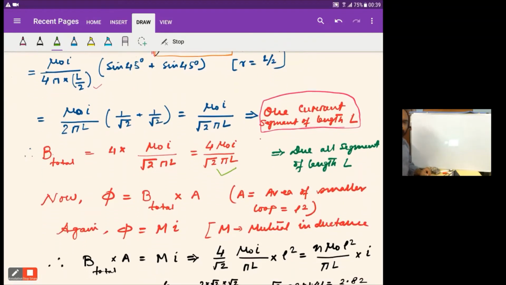Now the magnetic flux is given by the magnetic field times the area. This area is the area of the smaller loop, which is small l square.